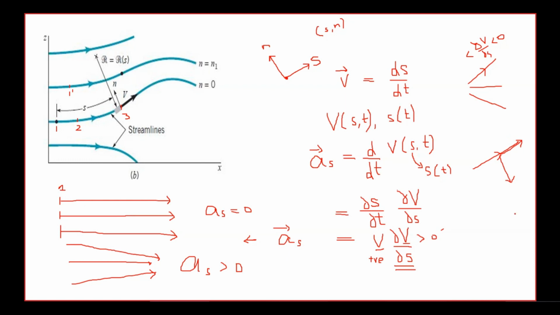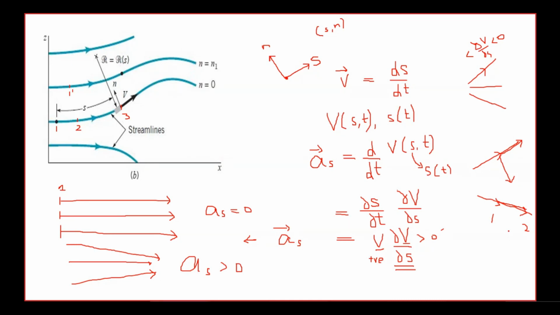And for another case, where the initial position is like this, point 1 and point 2. Initially, this is the situation, right? From this position, the particle has moved to this point. Again, for this situation, partial V by partial S would be negative. Clear?